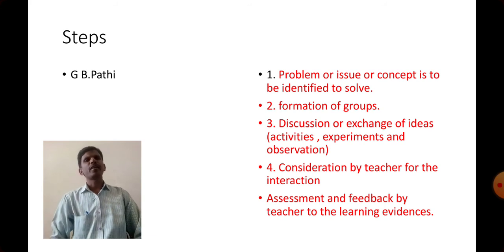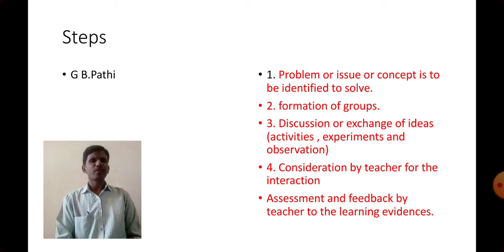That means the teacher has to identify the problem, issue or concept to be given to the students to solve. So this is the first step: identification of the problem, or identification of the concept to be taught, or identification of the issue to be solved.